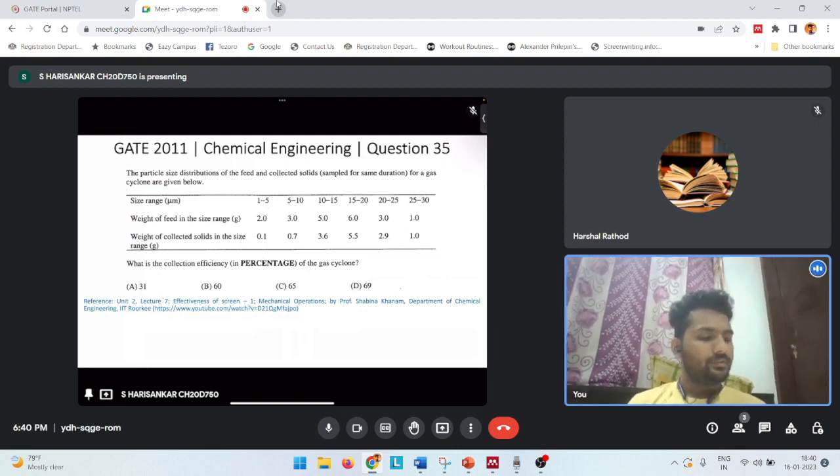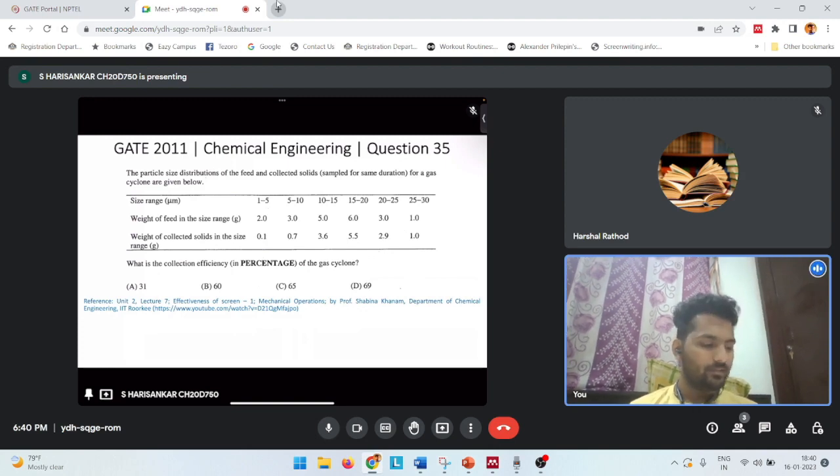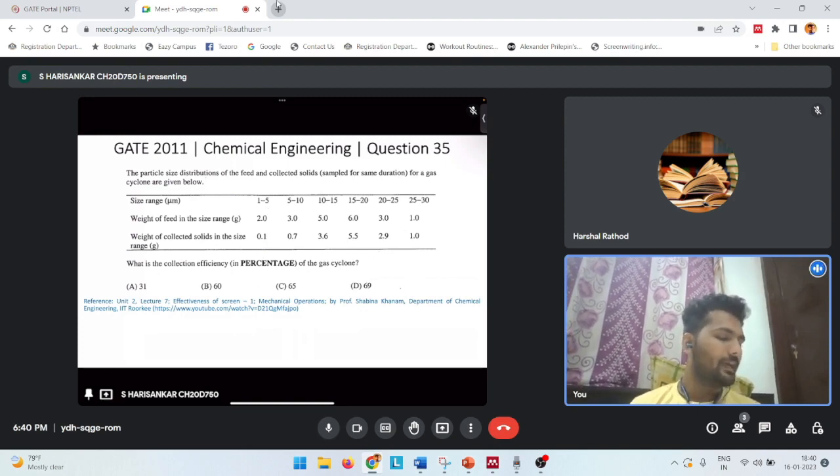So this is a question from GATE 2011 from Chemical Engineering, question number 35. The particle size distributions of the feed and the collected solids sampled for the same duration for a gas cyclone are given below. What is the collection efficiency in percentage of the gas cyclone?